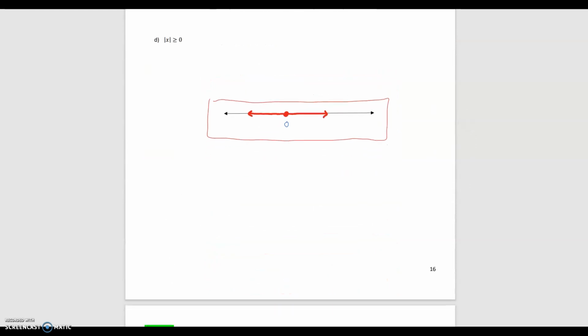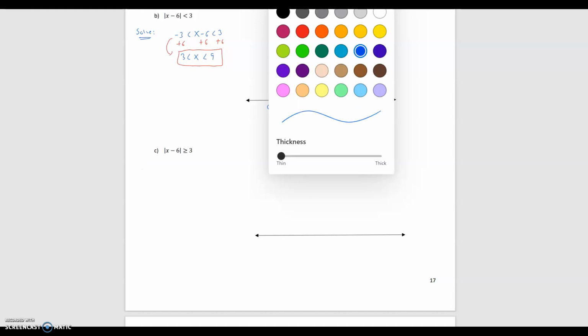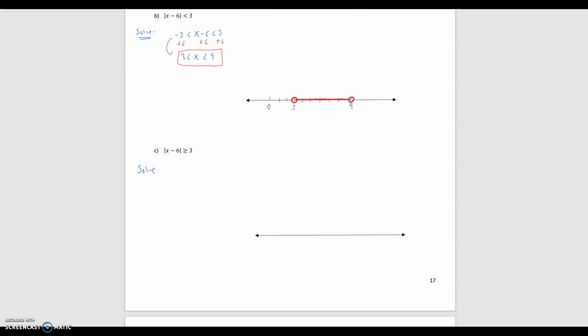So in this case, we're going to actually solve inequality 1, which is x minus 6 is less than or equal to negative 3, or inequality 2, x minus 6 is greater than or equal to 3.